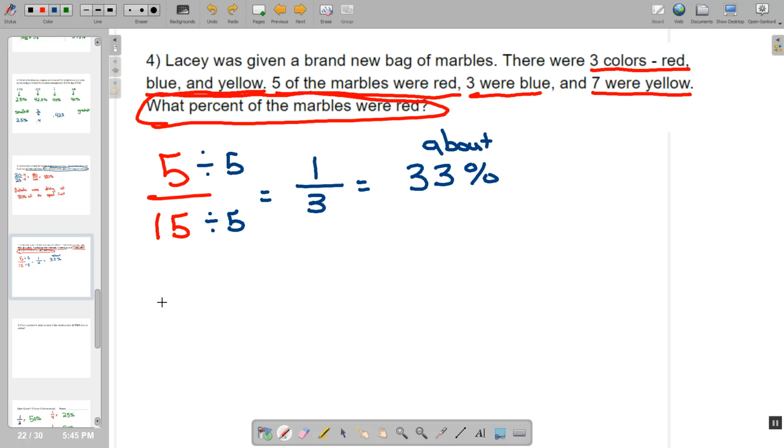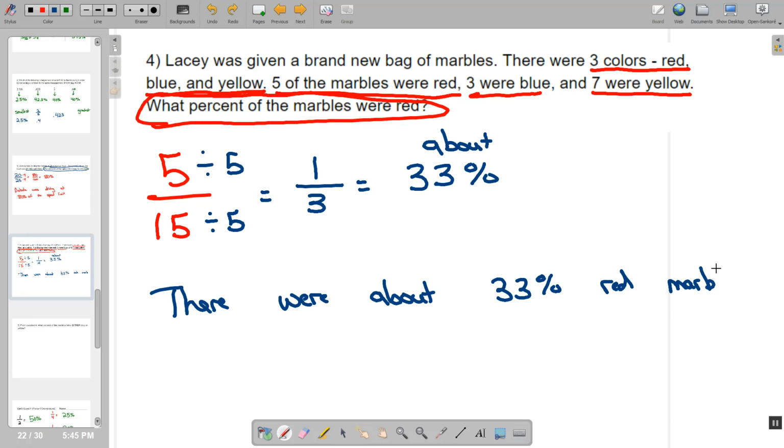And so we'll say there were about 33% red marbles in the bag.